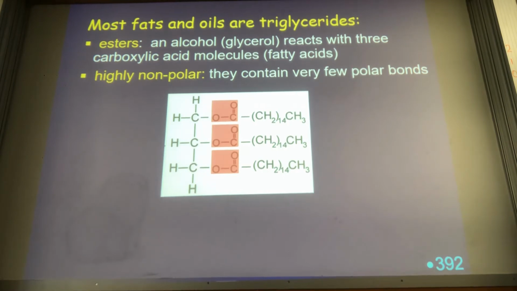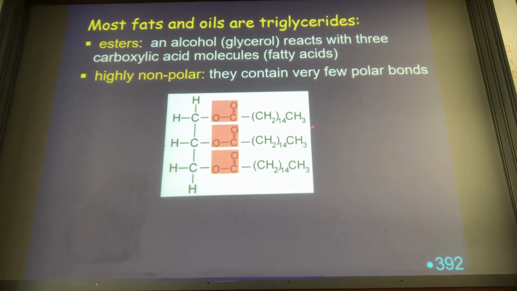So generally the ones that we look at chemically are known as triglycerides. They are esters formed when an alcohol, glycerol, 3 carbons, 3 hydroxyl groups, reacts with 3 long-chain carboxylic acids, 3 fatty acid molecules.